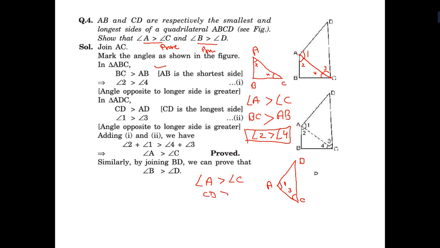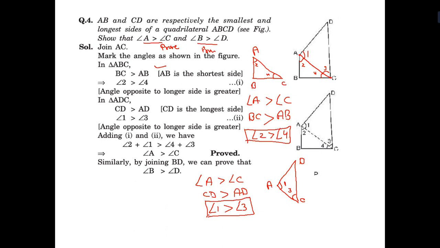So CD is greater than AD, that is angle 1 is greater than angle 3.